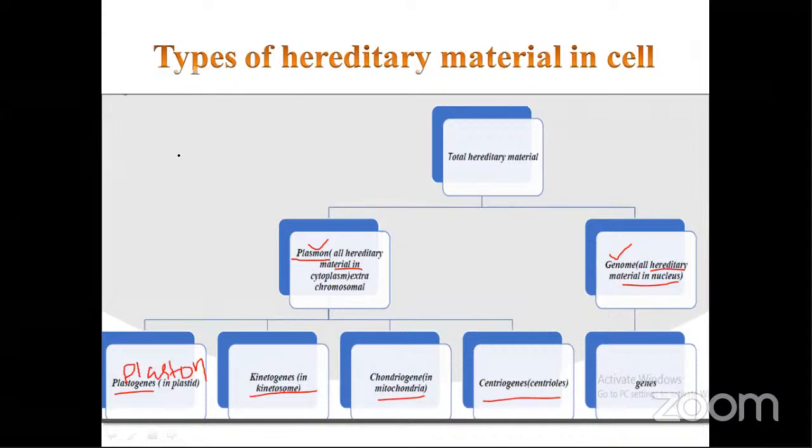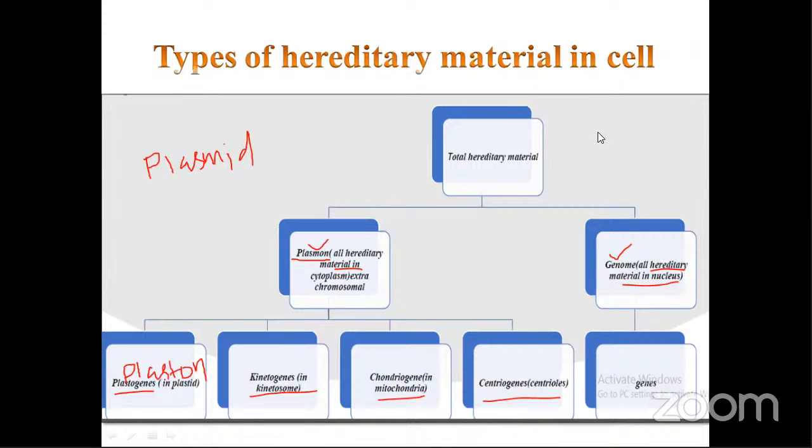Apart from this, you can see the famous term plasmid. You must be aware of it, right? What is a plasmid? Anybody can tell me what you understand from the term plasmid? Yes, it is self-replicating in nature.